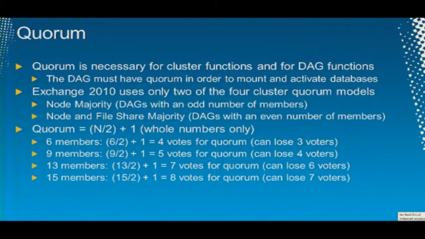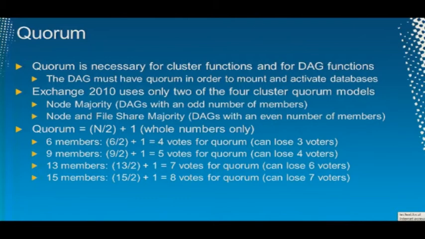But quorum is an essential concept to understand because it will impact your design. We'll talk about this later in some of the design sessions, but for now, just know that when you're doing your design, you're designing for resiliency. The takeaway with the quorum discussion is that the larger the DAG you build, the greater the resilience you have.